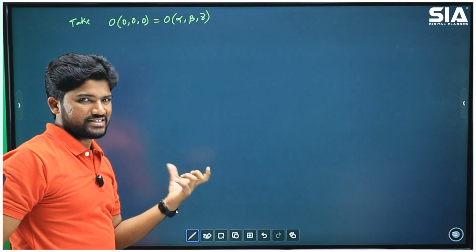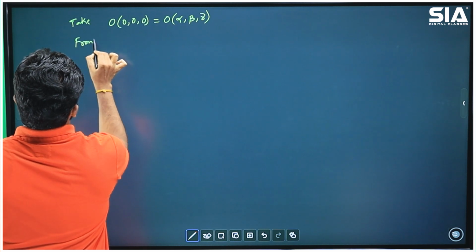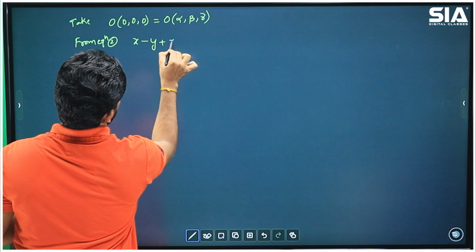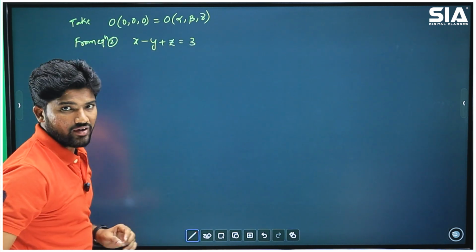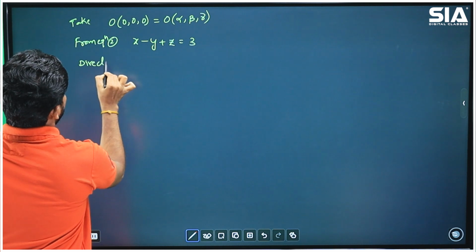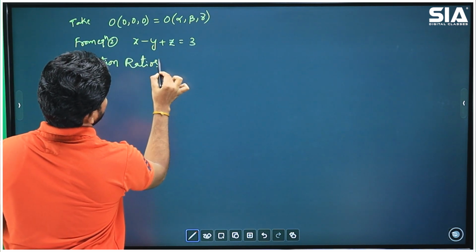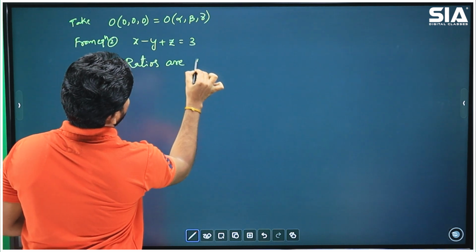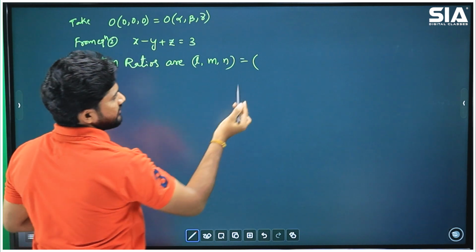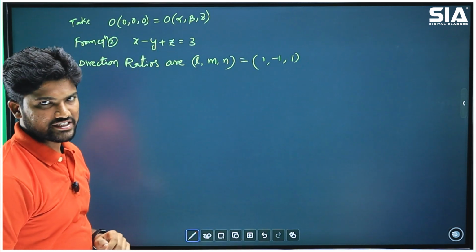Because that axis is passing through 0, 0, 0, and from equation number 2, x minus y plus z is equal to 3, what are the direction ratios? The direction ratios l, m, n are 1, minus 1, 1. These are the direction ratios.